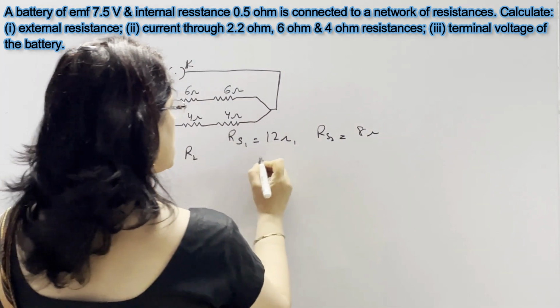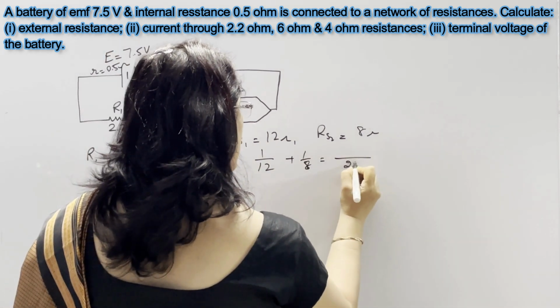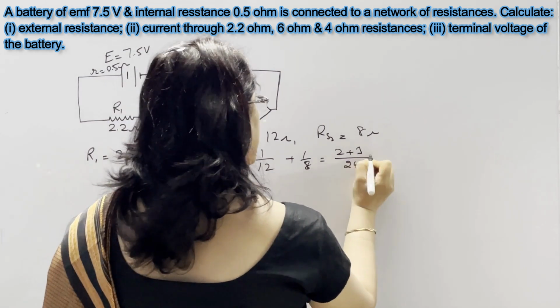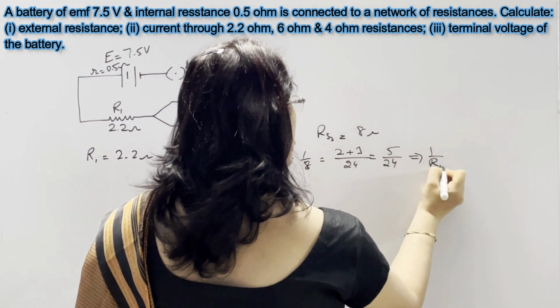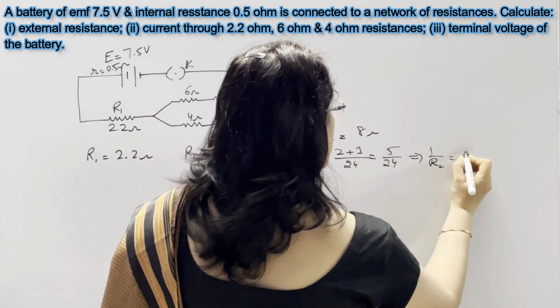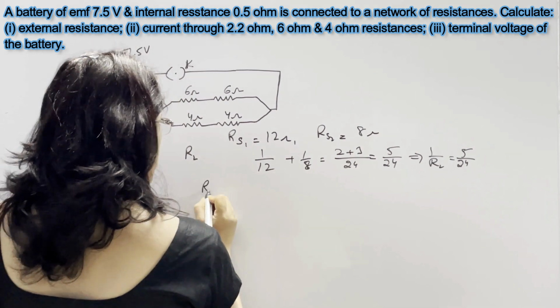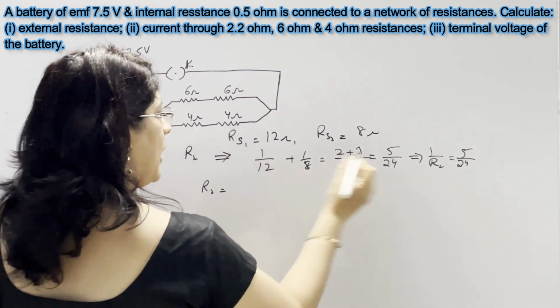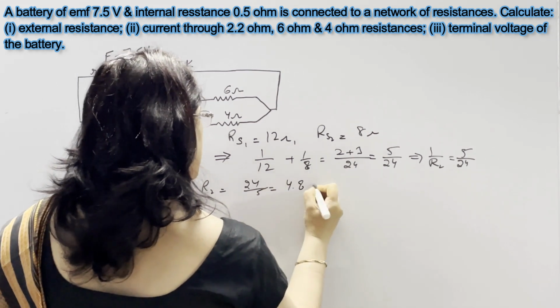Now the parallel combination of 12 and 8: LCM is 24. So 12 is 2 and 8 is 3, so 5 upon 24. It means 1 upon R2 is equal to 5 upon 24. So R2 is equal to 24 upon 5, it means 4.8 ohm.